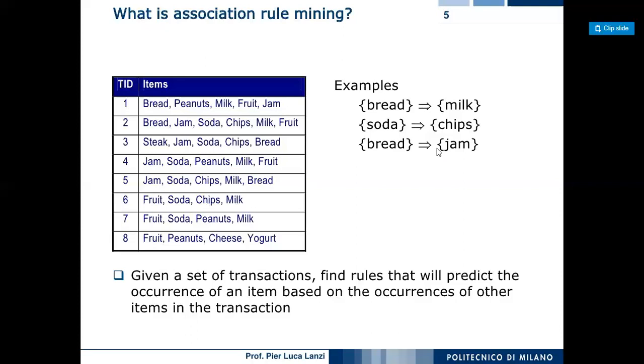Whenever bread is purchased, milk has also been purchased. Similarly, the soda and the chips are most of the time purchased together. So we can say that these things are related to each other to a certain extent, and the same for bread and jam.